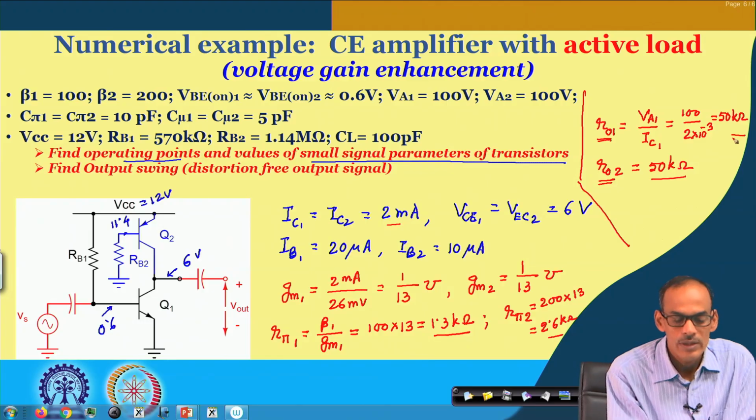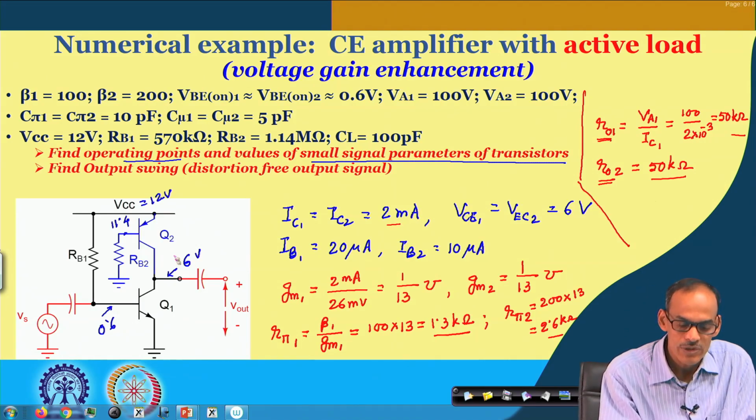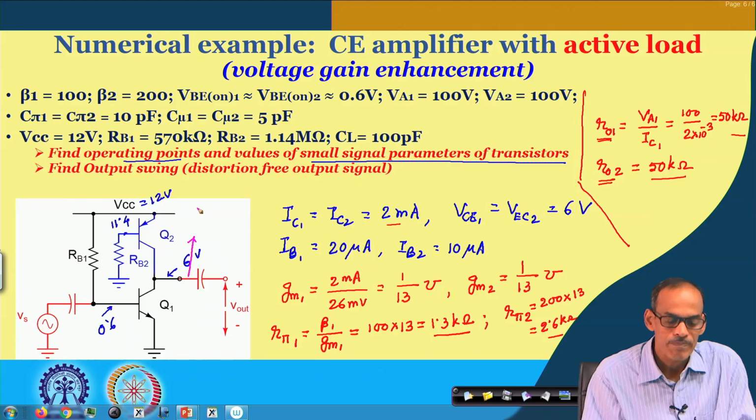But before that, it is also important to see that if the DC voltage here is 6 volt, how much signal swing we can expect from this equilibrium point towards the positive side.